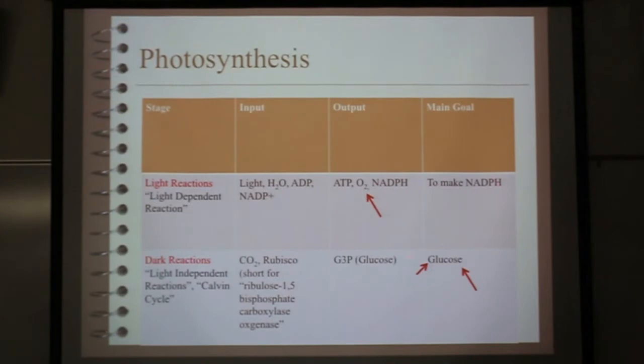I'll walk you through these once again, but as with cellular respiration, at the end you want to make sure you know this chart: what goes in, what comes out, and what our main goal was. Those are the important details as we walk through the steps.